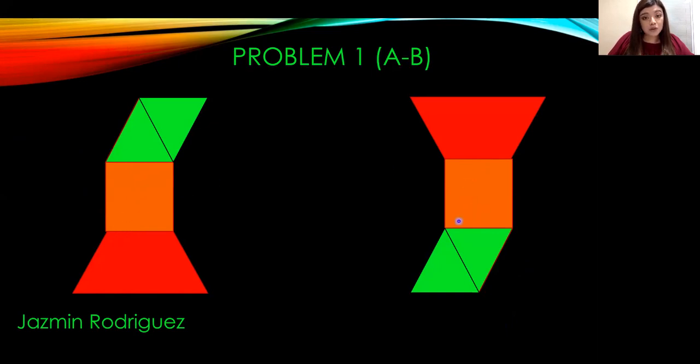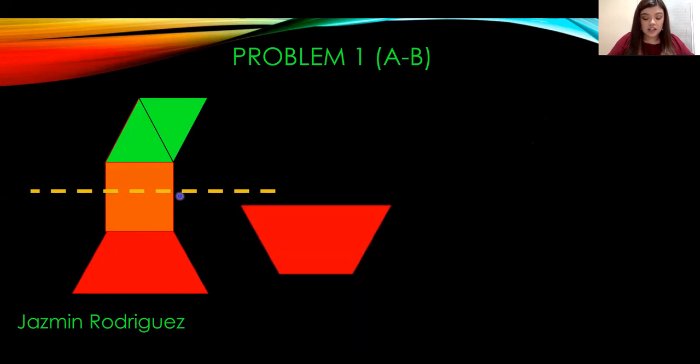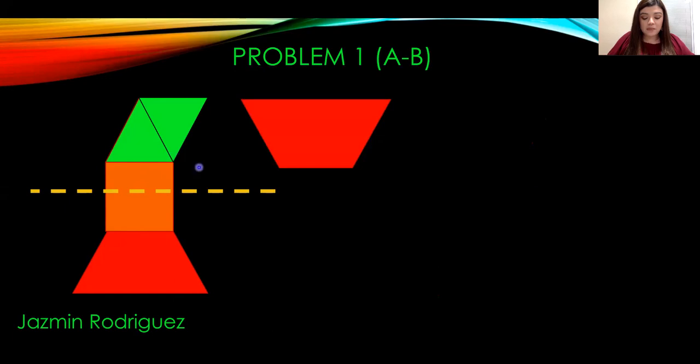Now, what they were supposed to do was reflect the figure over the horizontal line through the center of a square. So this right here is going to be our horizontal line. Now, let's reflect this across this line. This means that it's going to produce an inverted image. So for example, there's our trapezoid and it's an inverted version.